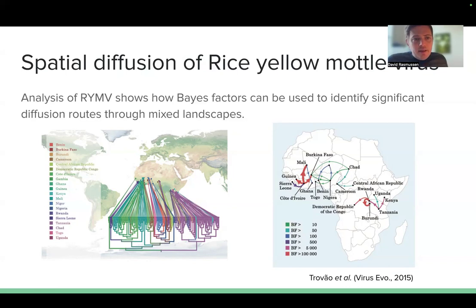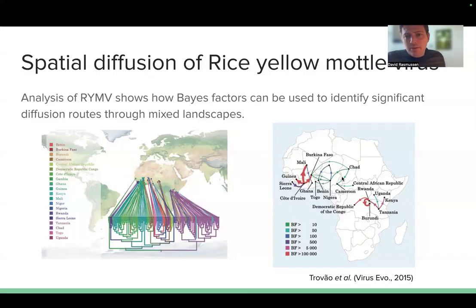And so they applied many of the approaches that we just talked about. They used these discrete trait phylogeographic models to reconstruct a phylogeny with ancestral states of where all these lineages were in Africa through time based on where they were sampled at present.